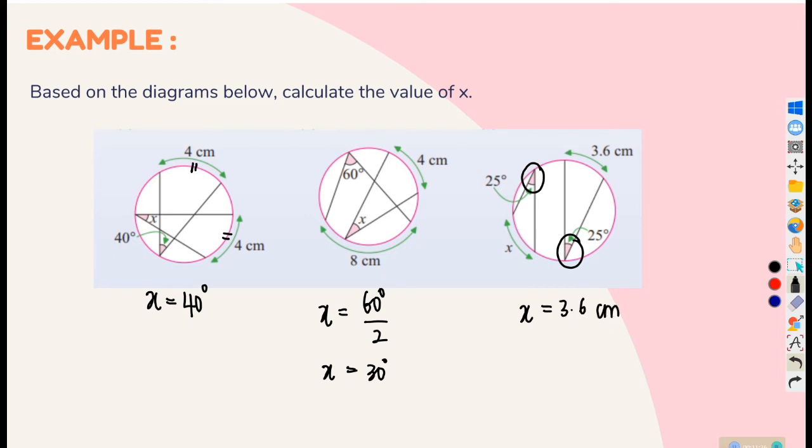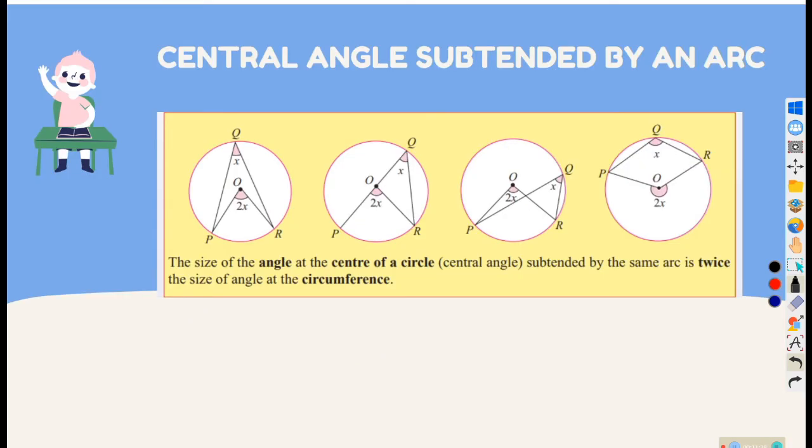Okay, now we move on to the central angle subtended by an arc. We want to see one by one here. The first one: the size of the angle at the center of a circle, subtended by the same arc, is twice the size of the angle at the circumference.